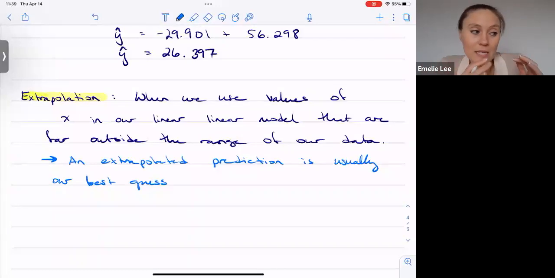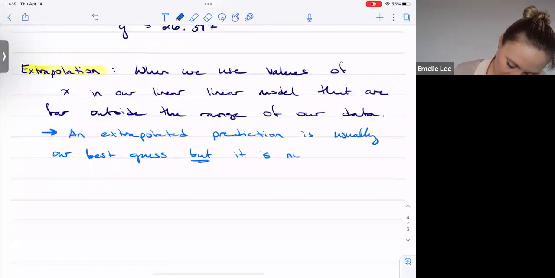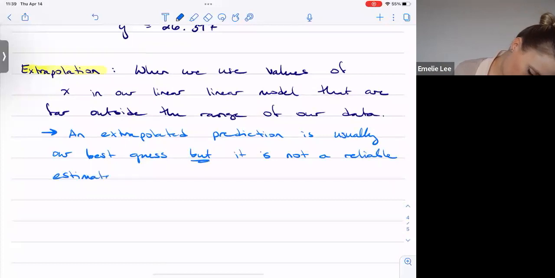It is the best thing that we have, but it's not reliable because we're extrapolating. It is usually our best guess, but it is not a reliable estimate or prediction.